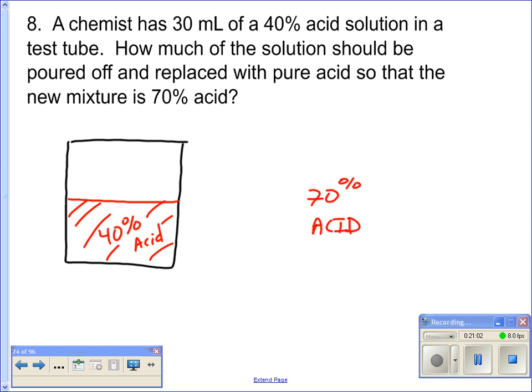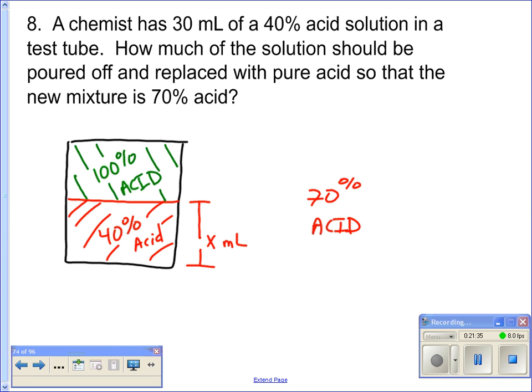And so it makes sense that we have to add 100% acid to it to bring that level up to 70% acid. Okay, so what we're looking for is how much 100% acid do we have to add to that. Okay, so let's say that to start out with, what we have here is X milliliters here in this container, or here in the 40% section.